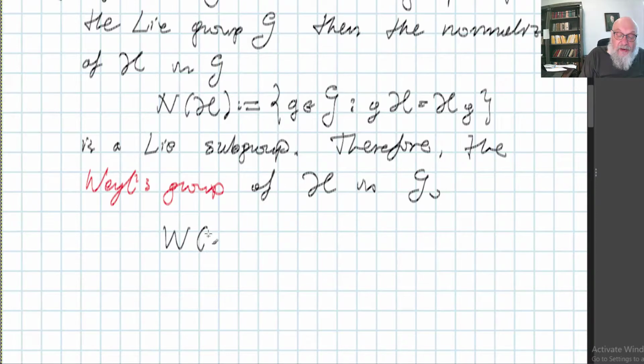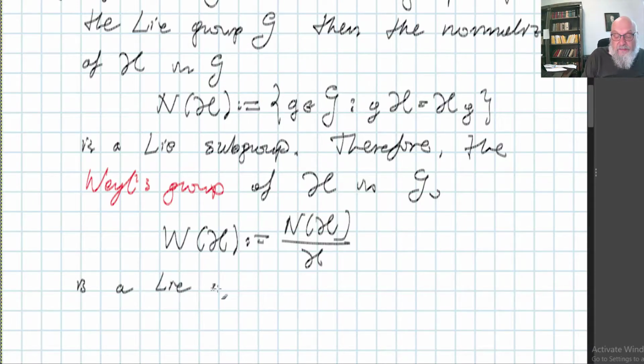So this is the Weyl group of H, which equals N(H) divided by H, is also a Lie group.